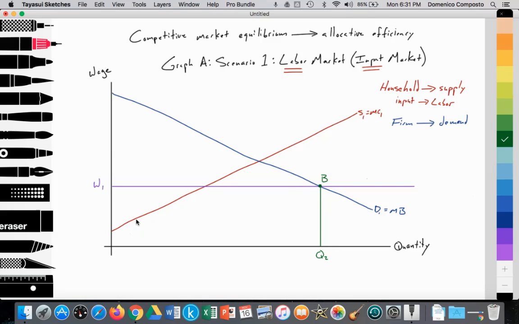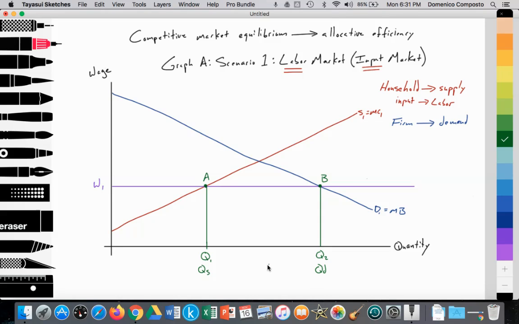But households are not willing to supply their labor at that low wage. So households are supplying their labor up to that wage, and that creates the quantity being supplied. So here is Q1 at point A. And at Q1, that is the quantity being supplied by households versus the quantity being demanded by firms.